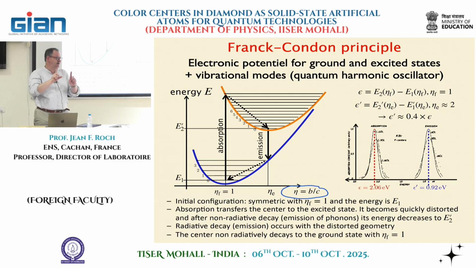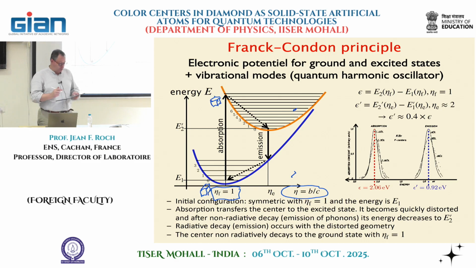So this is the Franck-Condon principle. It tells you that you have transitions that keep the symmetry of the system. So the symmetry is kept, starting from the parameter eta equal 1. So here we have the cube.